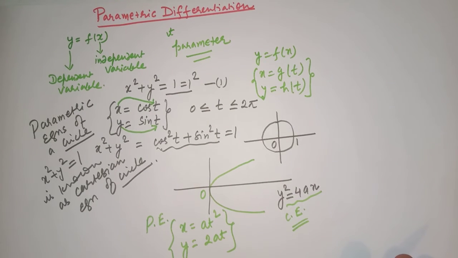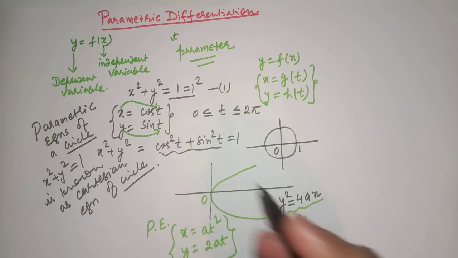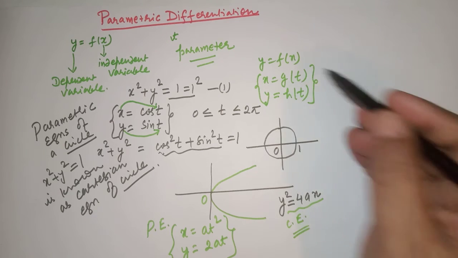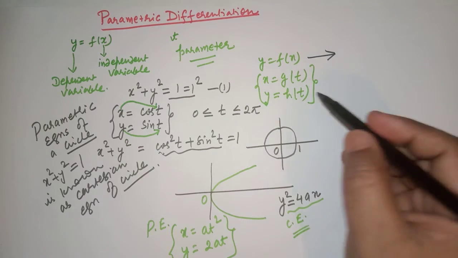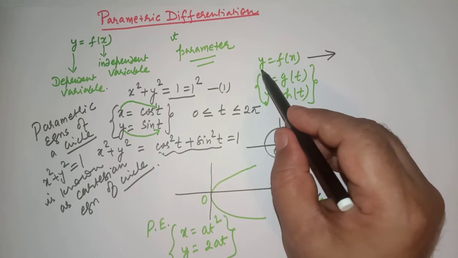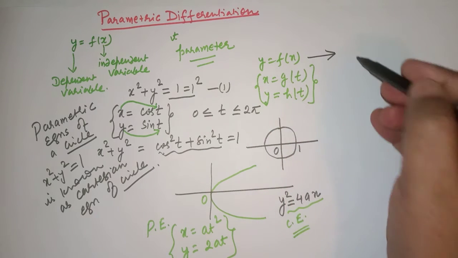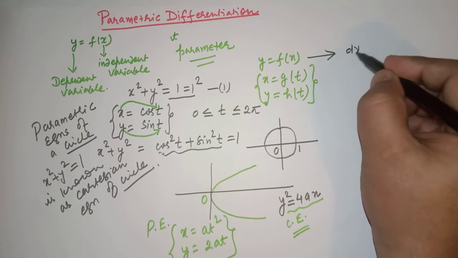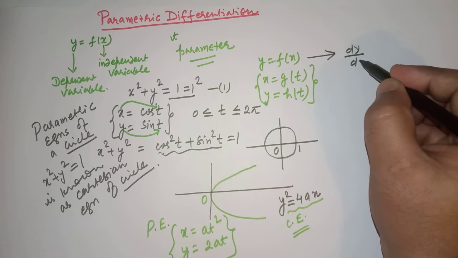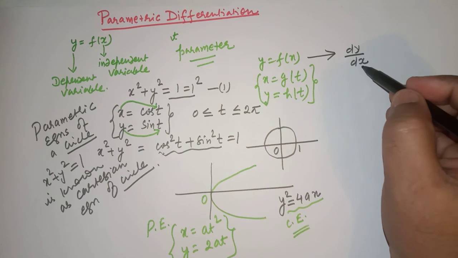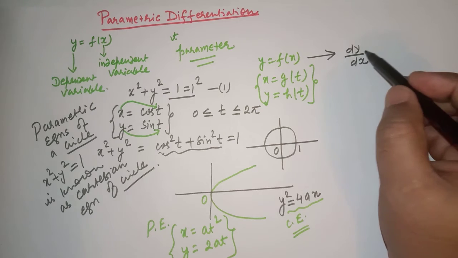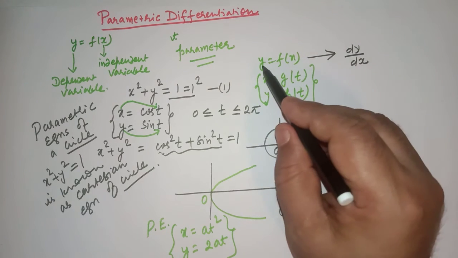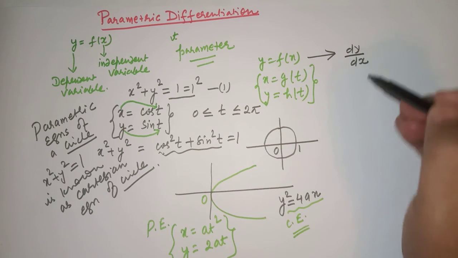Now let us come to the topic parametric differentiation. Now here, if we have y equal to f(x), then we want to find the derivative of y with respect to x, that is the first derivative of y with respect to x.